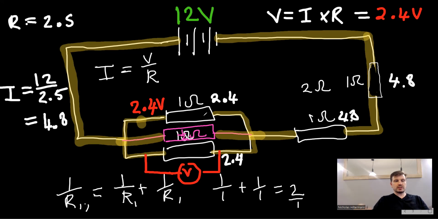Even if it was a 1 ohm resistor and a 2 ohm resistor, my voltage across those two parallel resistors is the same. And then here, what's 1 times 4.8? 4.8, right? 4.8 plus 4.8, 9.6 plus 2.4, 12 volts.